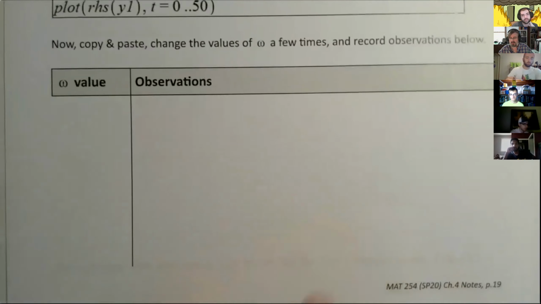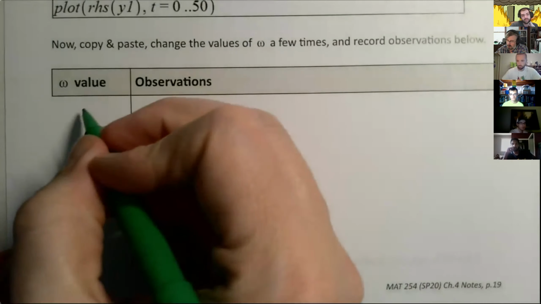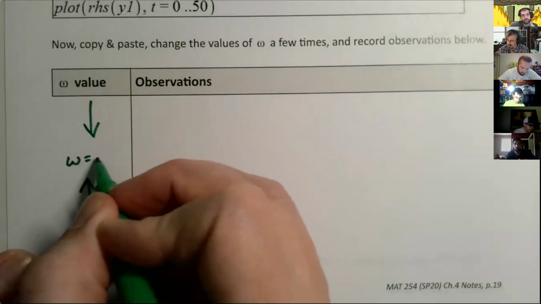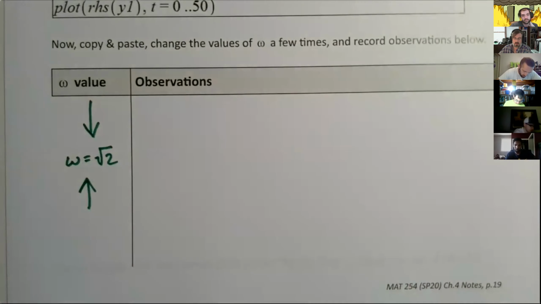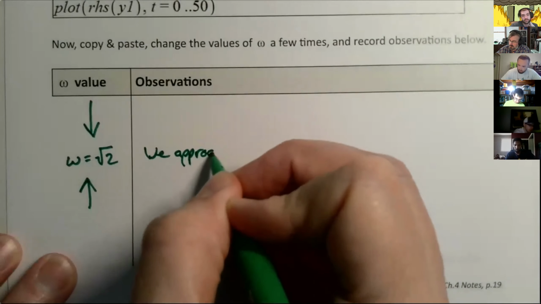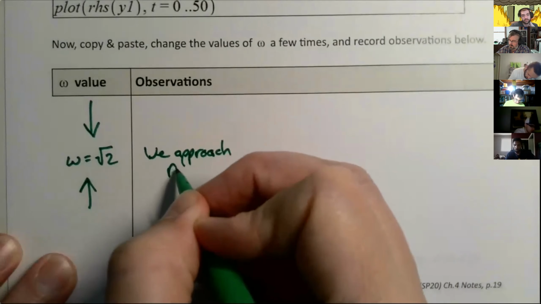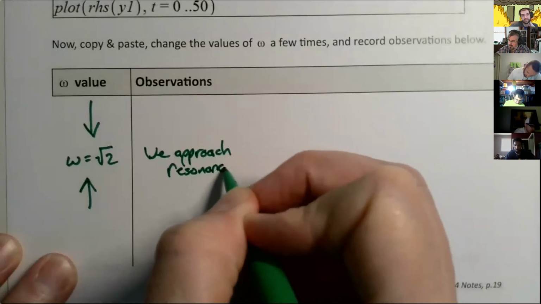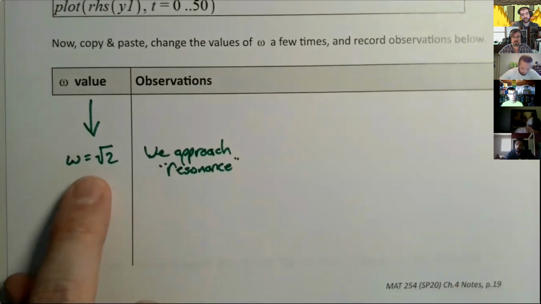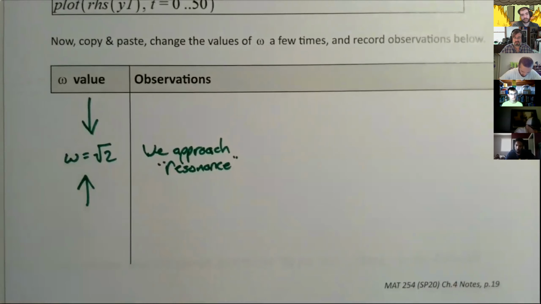So down here, what are some things that we notice about what's happening? As our omega value from either direction approaches the square root of 2, we see some things happen. We approach resonance. Resonance is a state. You can be in resonance, but that would mean omega is exactly equal to the square root of 2 in this particular case.